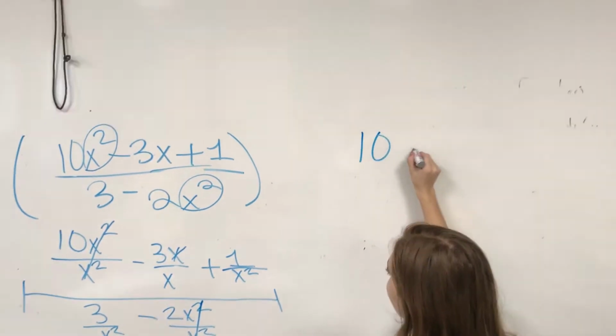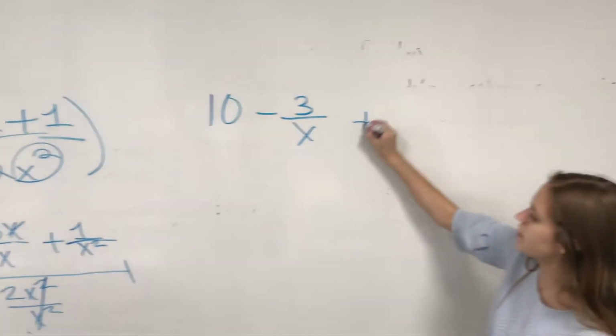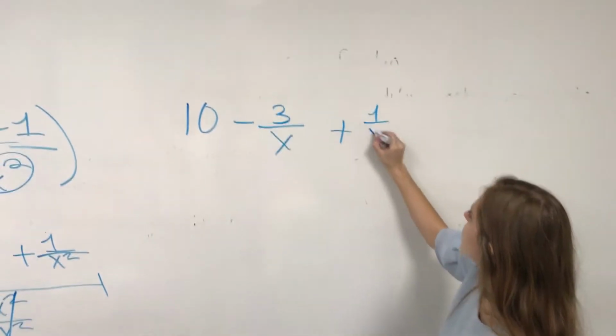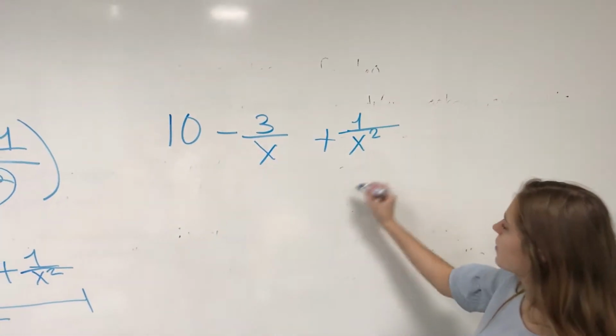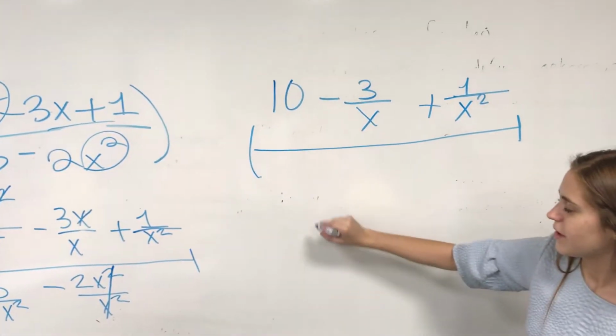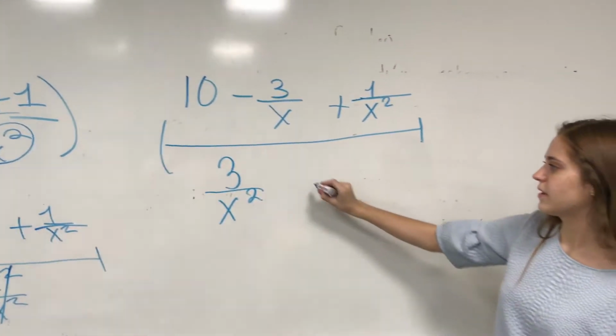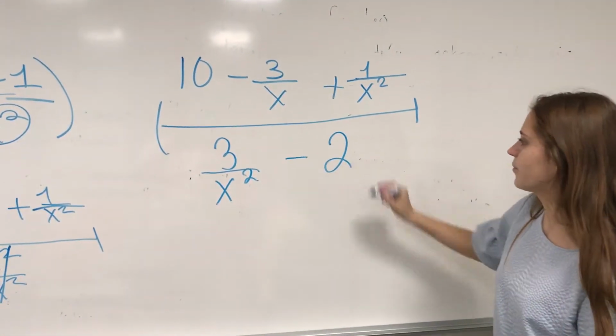10 minus 3x plus 1x to the second power divided by 3x to the second power minus 2.